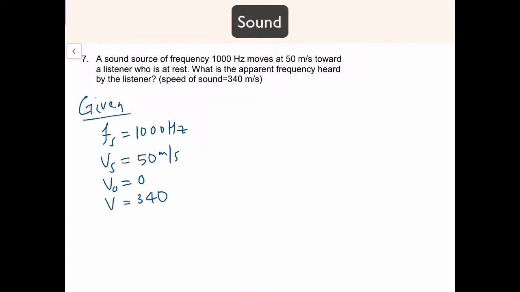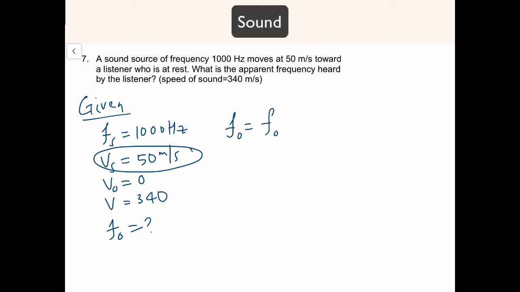Now the question says toward. As soon as it says toward, we are going to use a positive vs value. Okay. So now what is the observer's frequency? This is a direct application of the equation.